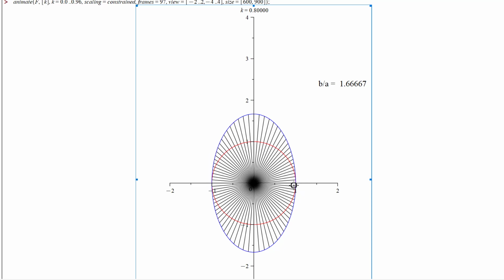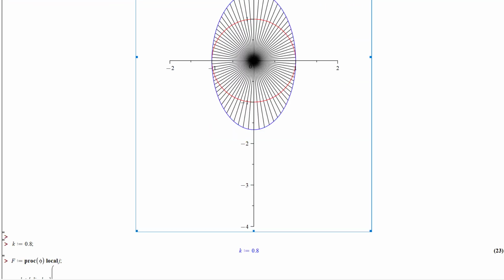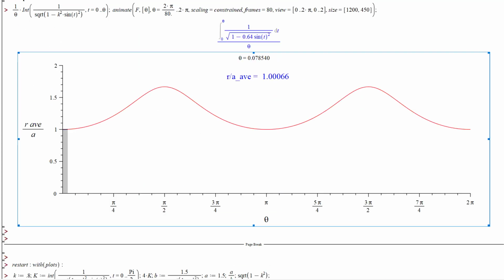And I'm going to find the running average. There's actually 80 subdivisions I made here, 20 in each quadrant. And I'm going to find the average r in each of those 80 regions. And so it looks like that.